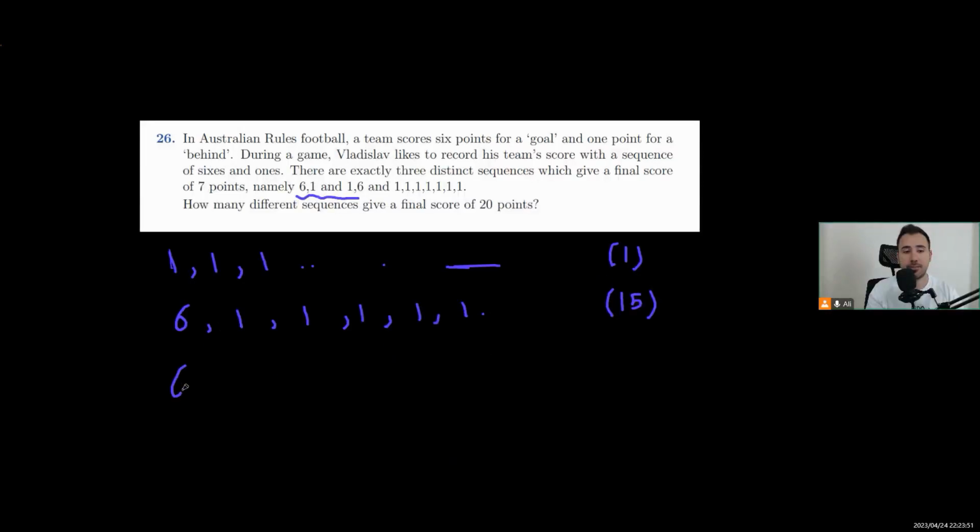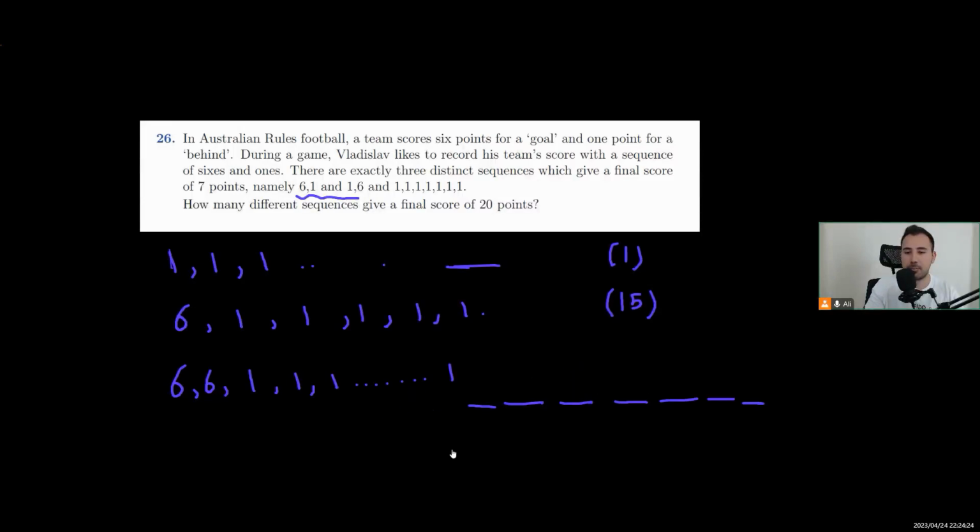Now, what if we have 2 sixes? That's 12. How many ones do we need? 8. So what is the total number of numbers? 2 sixes and 8 ones, we'll have 10. So think about that you have 10 spots like this: 1, 2, 3, 4, 5, 6, 7, 8, 9, 10. And the 6s could be anywhere, maybe this one and this one.